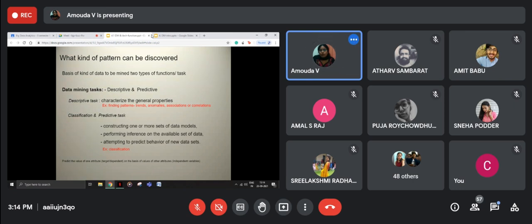When you characterize the data, you will get patterns, trends, anomalies that differ from one data to other data, and association and correlation. Characterizing the data will give you the output for these things: pattern, trends, anomalies, or association.